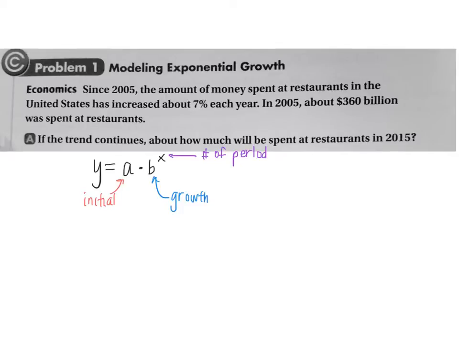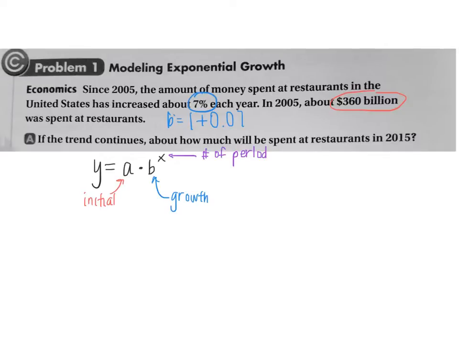And let's see, the initial amount in 2005 was about $360 billion. The growth factor is always going to be, and you've got to remember now, it's growth, so it's going to be 1 plus our rate. So here's our rate, so our growth factor is going to be 1 plus that. Now you don't do 1 plus 7, you do 1 plus the decimal form of it, so that's going to be 0.07.